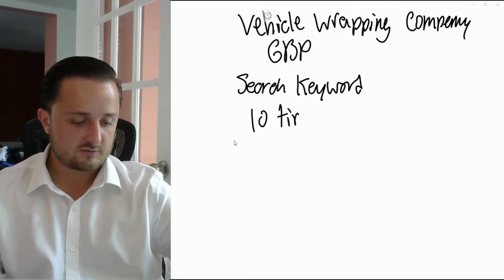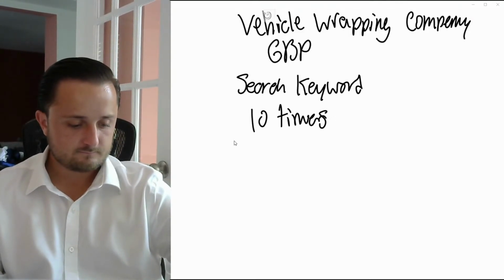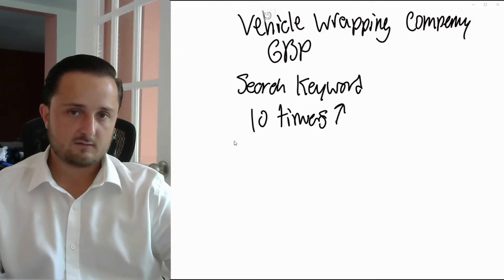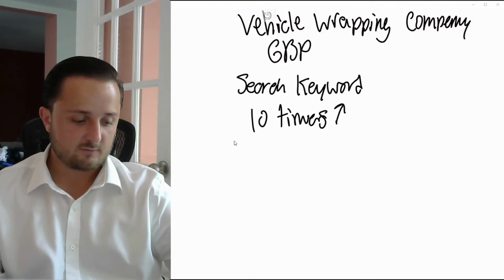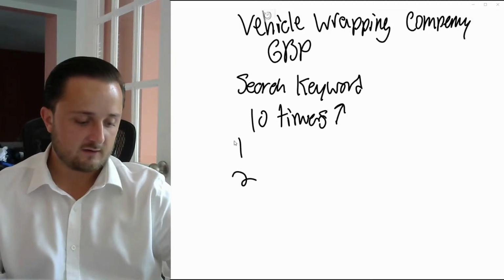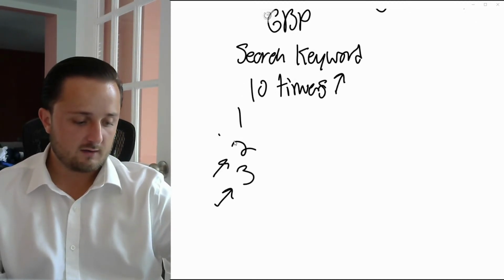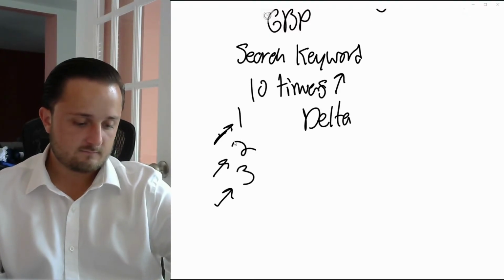We're going to search this keyword, look and see who's ranking, and then average their positions. If 10 times we see very consistently who's ranking in the first, second, and third position, these are who we want to run our delta analysis on.